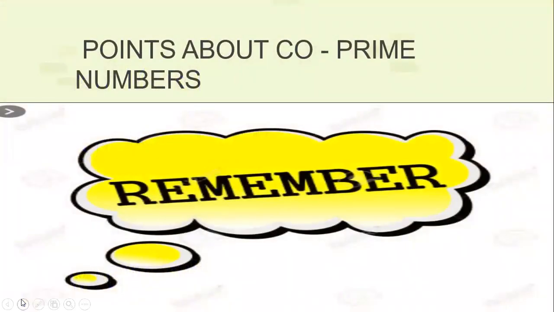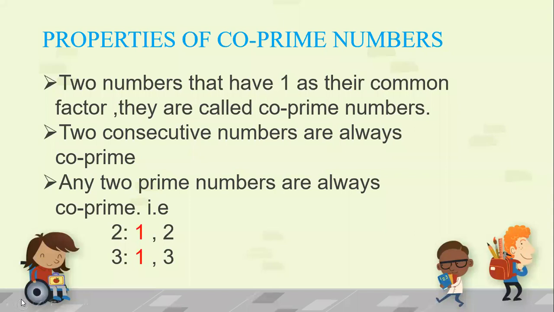Points about co-prime numbers we have to remember. Properties of co-prime numbers: two numbers that have 1 as their common factor are called co-prime numbers. Two consecutive numbers are always co-prime. Any two prime numbers are always co-prime.